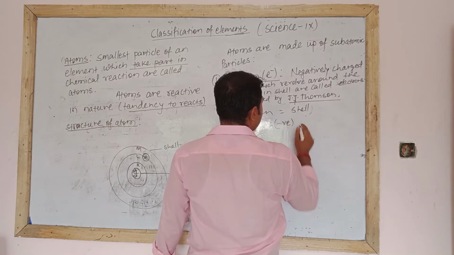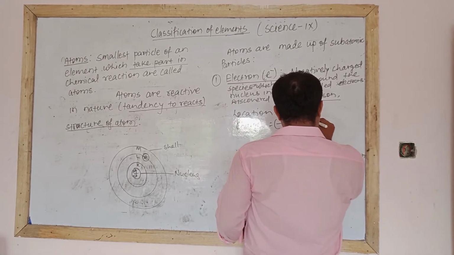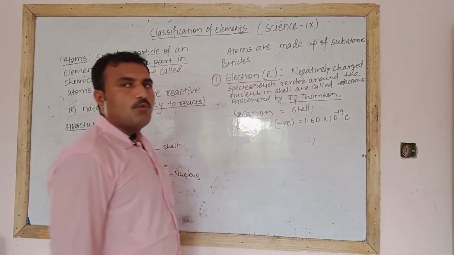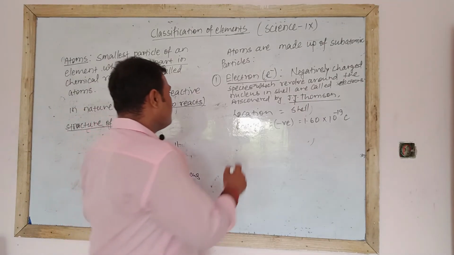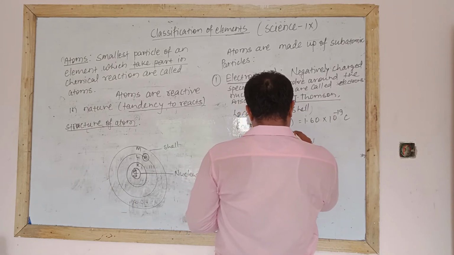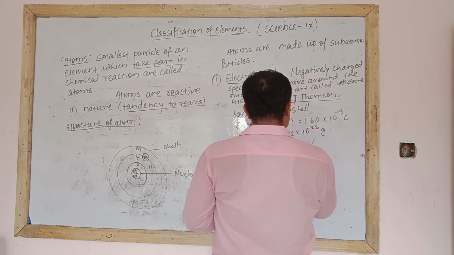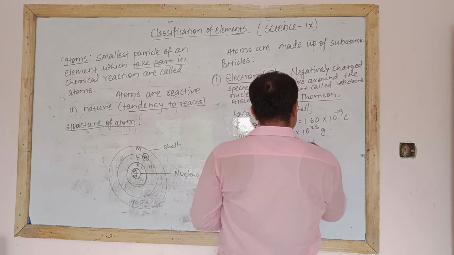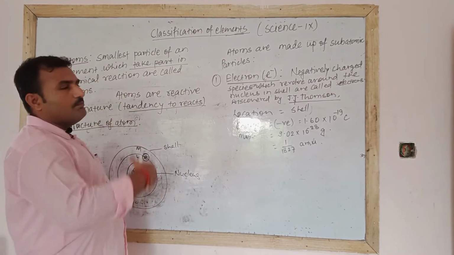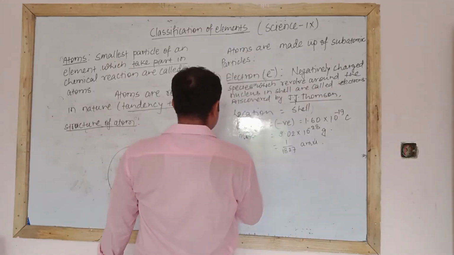The charge on one electron is about 1.60 into 10 to the power minus 19 coulomb, and its mass is about 9.02 into 10 to the power minus 28 gram, or 1 by 1837 AMU. The number of electrons in an atom represents its atomic number. Similarly, second is proton.